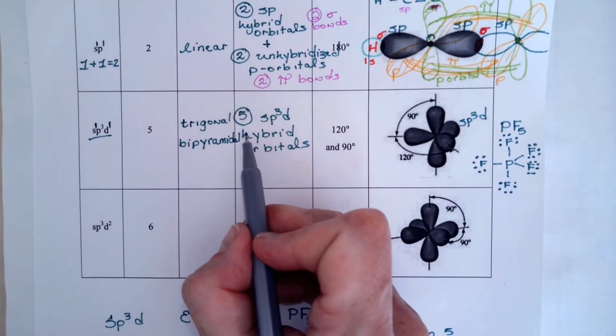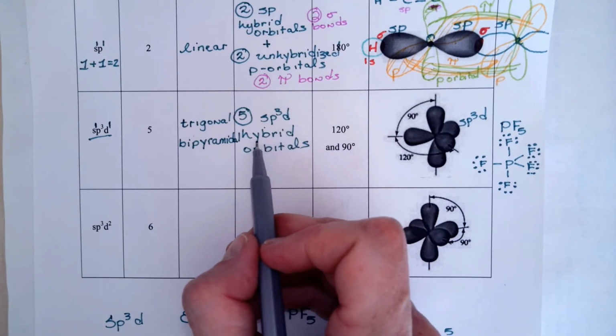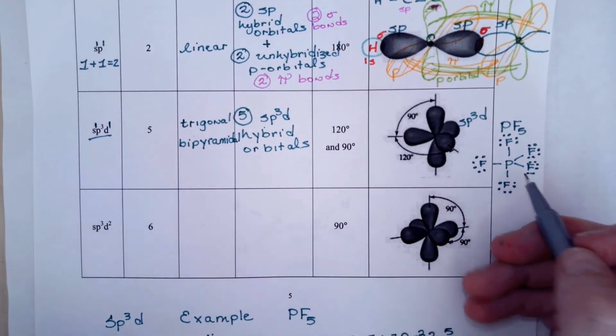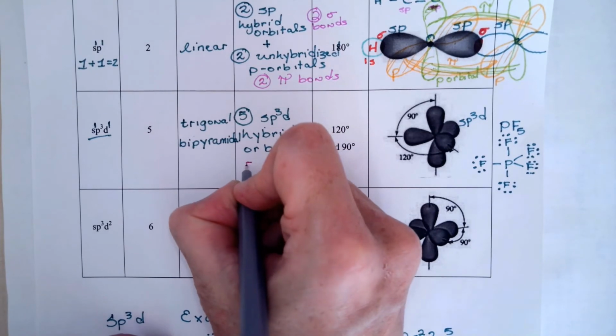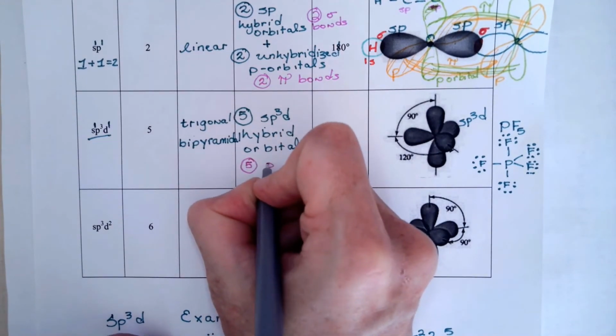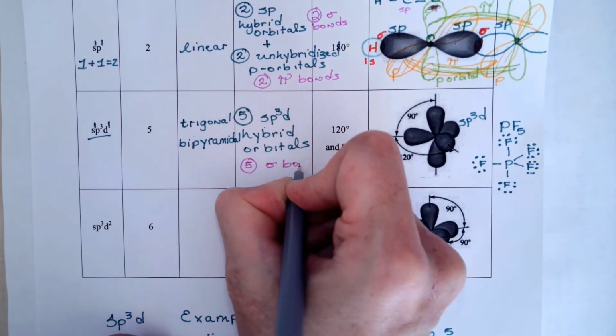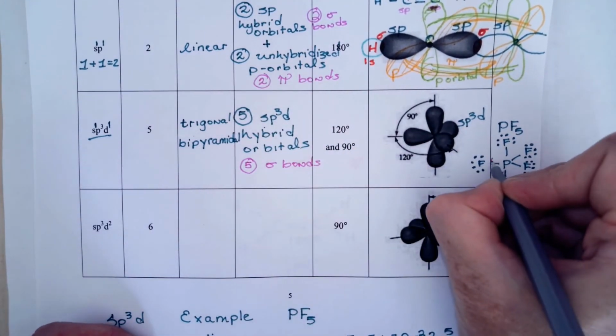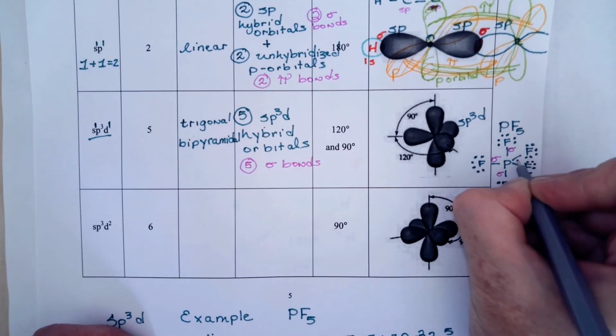As I mentioned, we have 5 sp3d hybrid orbitals. That's it. There's no unhybridized orbitals around the phosphorus or around the central atom. And this will simply be 5 sigma bonds then, since we're just going to have one area of overlap with that phosphorus.